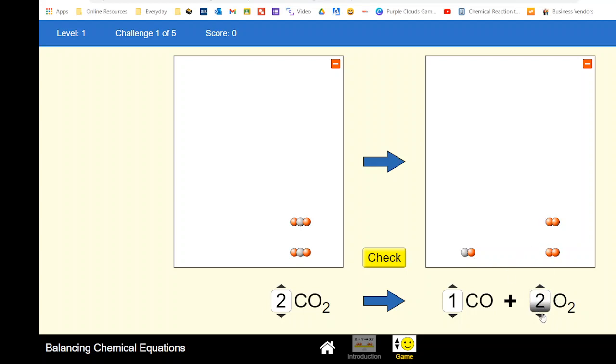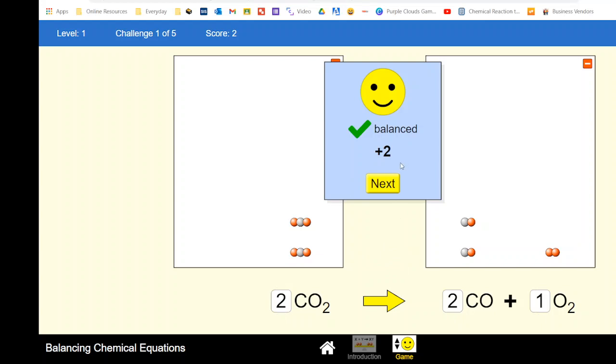The 1 here that's an odd number is what's making your overall oxygen be odd. Increasing this will increase the oxygen so that it is at 4, just like the left side. Also, 2 carbon, turns out that that actually did balance out our issue with oxygen and it balanced out our carbon, so we'll click check.